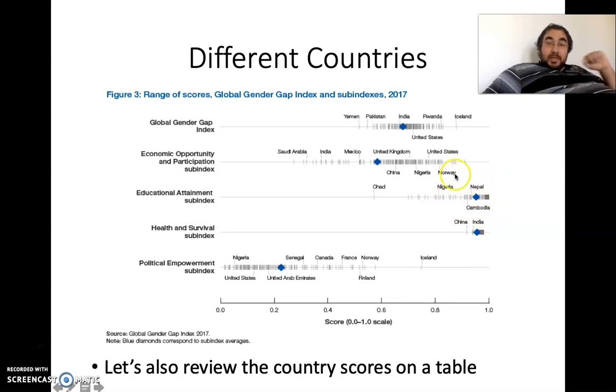Economic opportunity, again, some countries are doing badly, some average, most countries are at an average location, and some countries are doing extraordinarily well. In political empowerment, it is the opposite. Most countries are doing badly, and there are some countries doing extraordinarily well. The best one being Iceland.